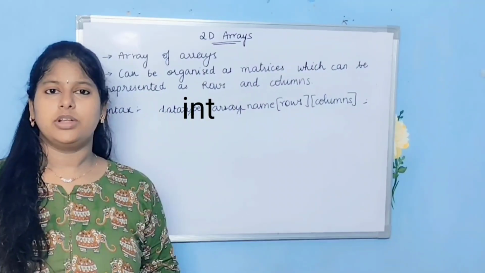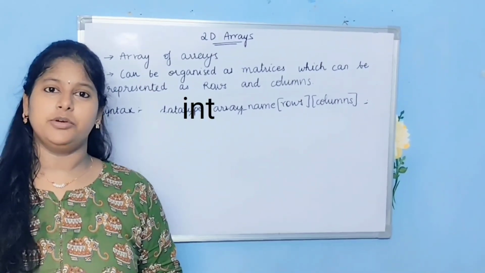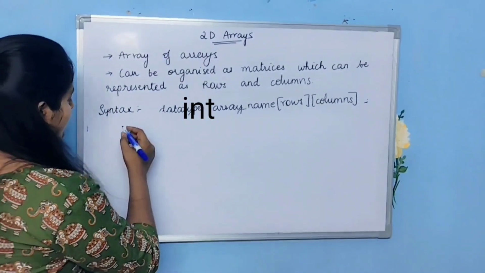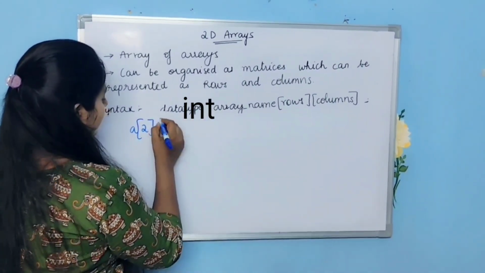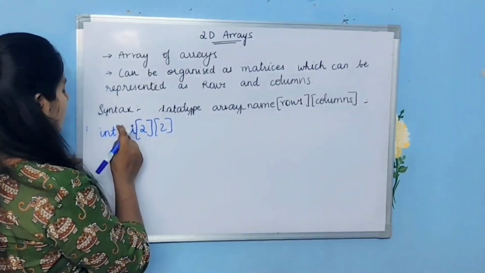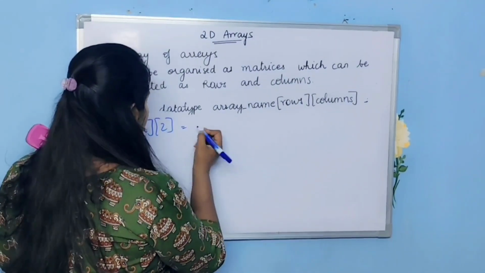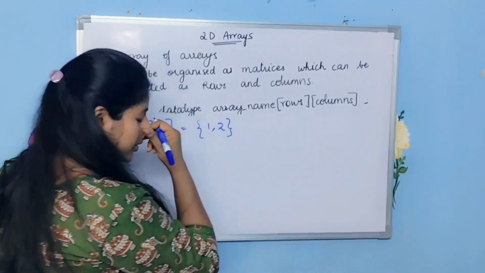Okay. So there are many methods for initialization of 2D arrays. I'll be explaining a few of them. So the first one is, say for example, I've asked you to declare 2 rows and 2 columns. And I've just given you 1, 2.